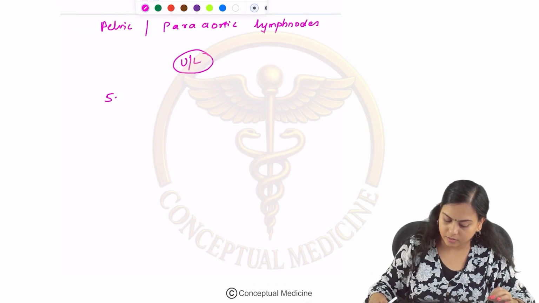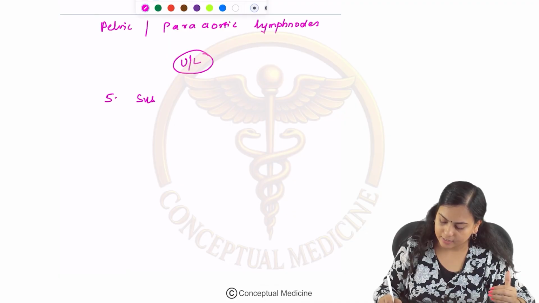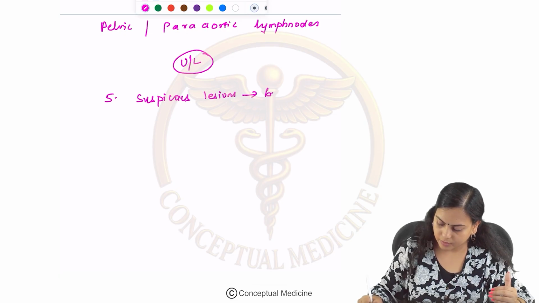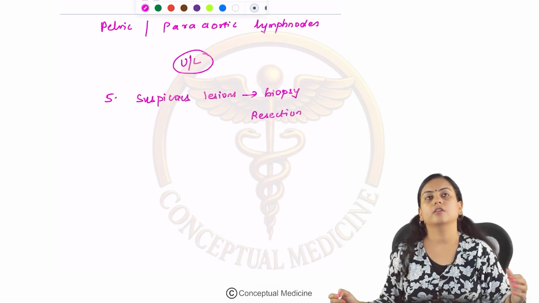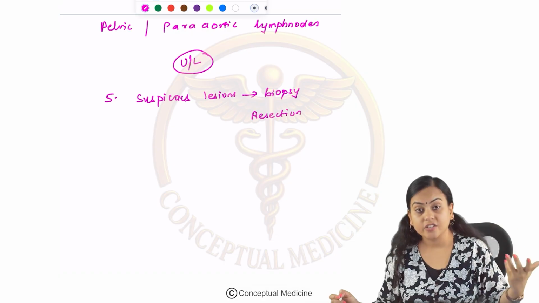Then if you find any suspicious lesions, you will go for a biopsy or even the resection of that particular lesion. It may be a mass or an adhesion also.